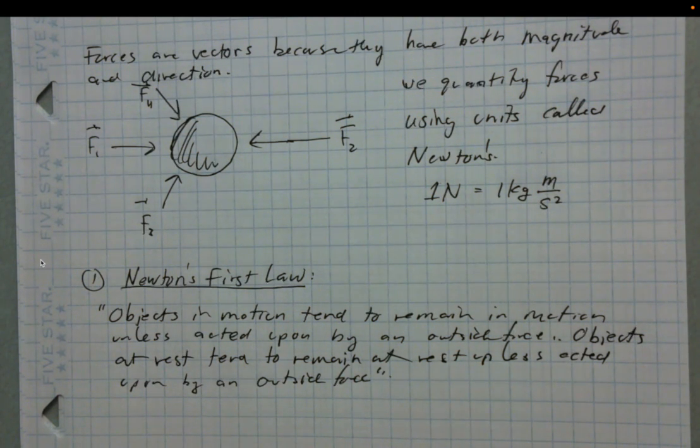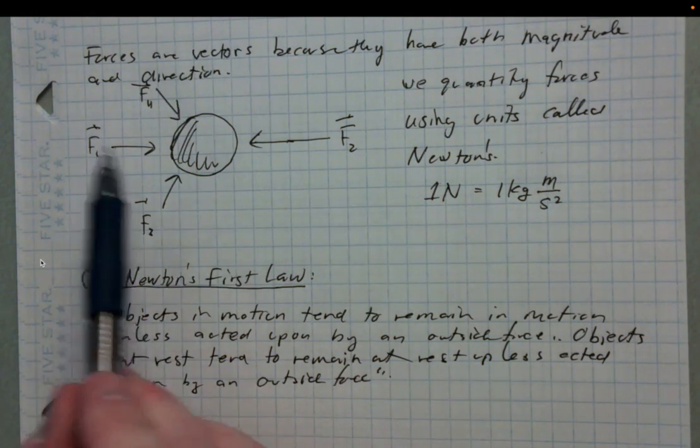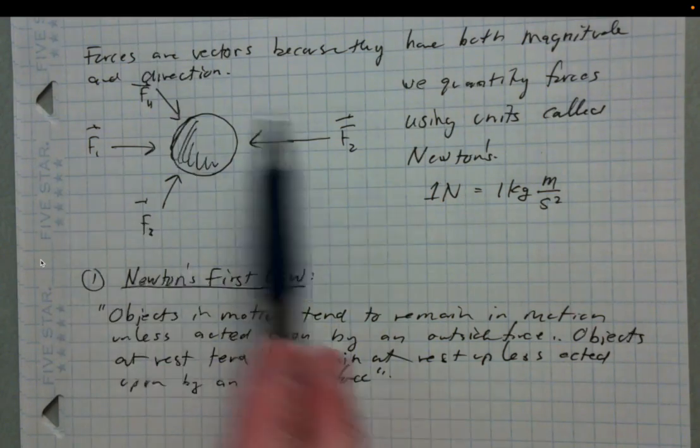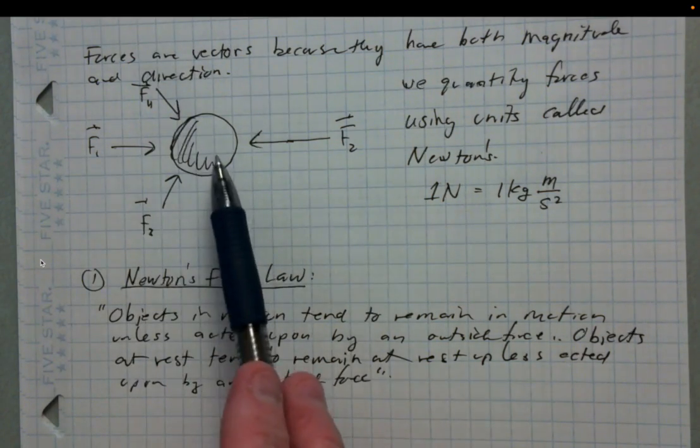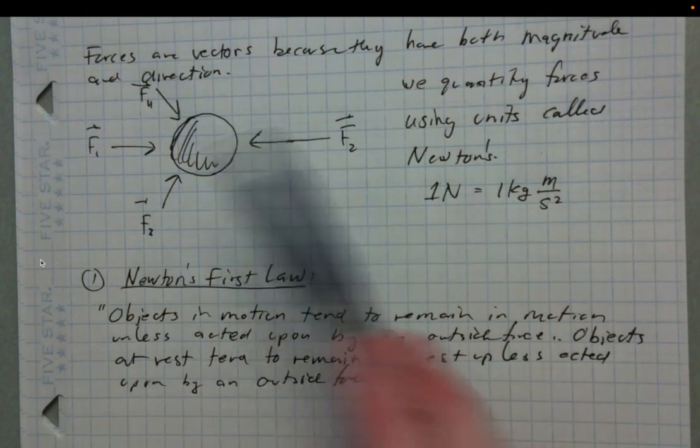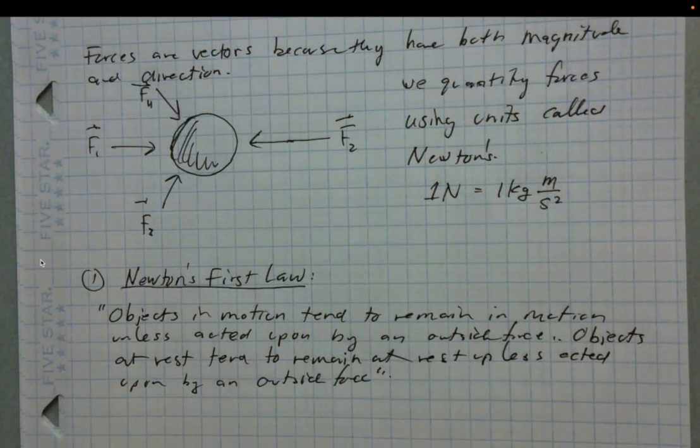So this idea of an outside force, in the schematic I've drawn up here, it's very possible that this could be an object at rest. You've got these forces interacting, and maybe they're offsetting each other precisely. But if another, quote-unquote, outside force comes in, then you could start to see motion, right? So outside force is a little bit vague, but that's okay.